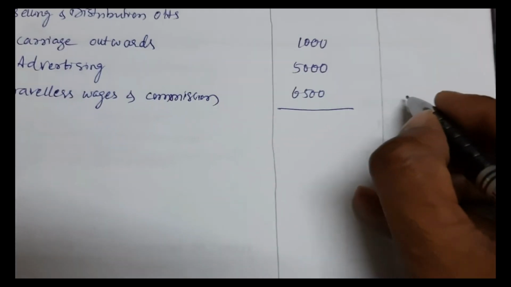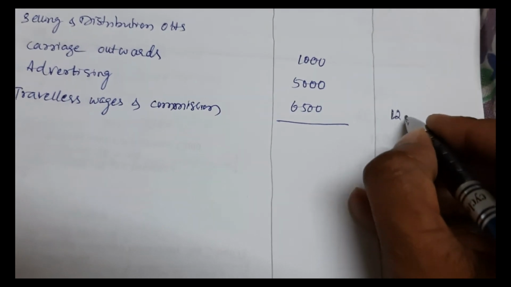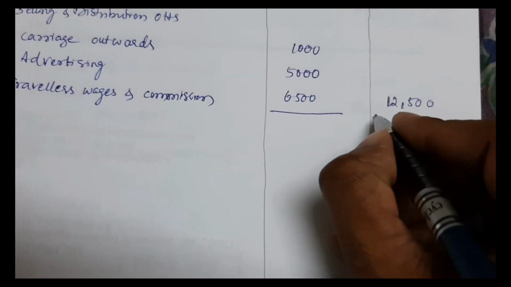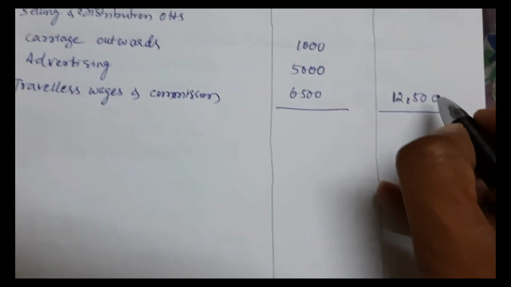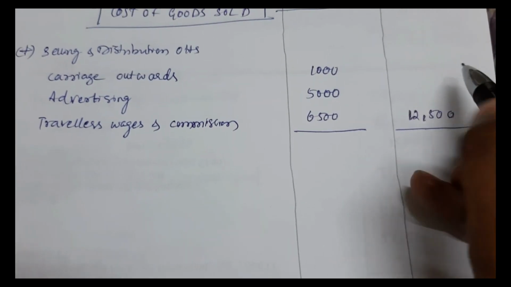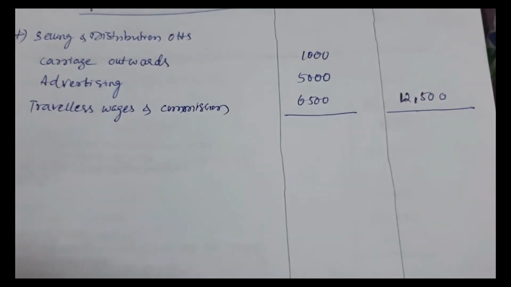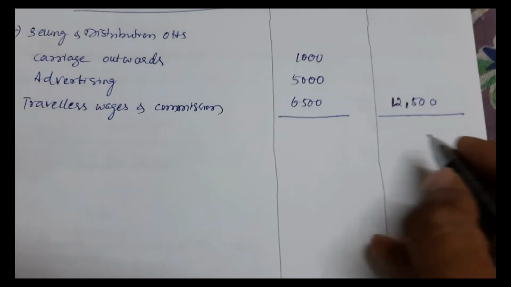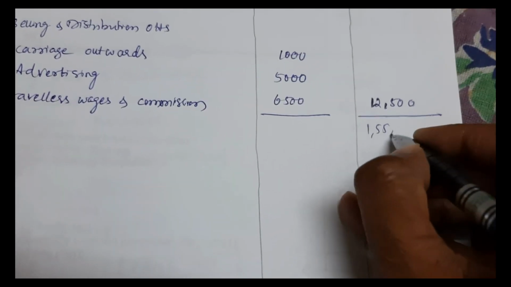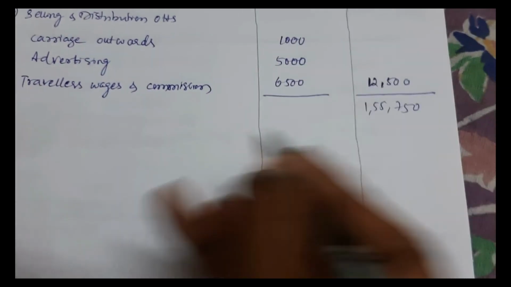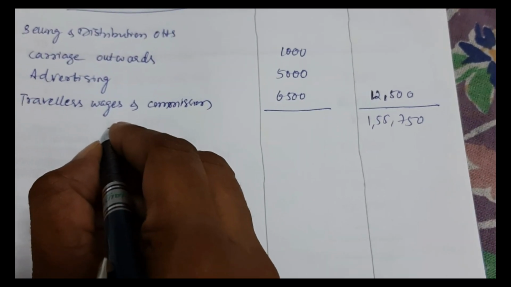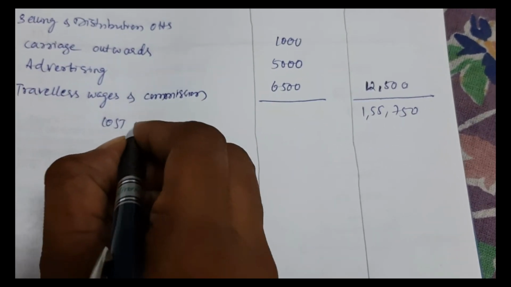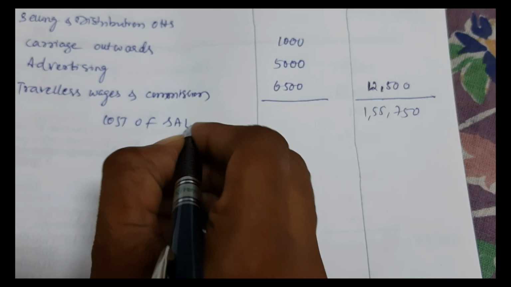Total of all these is 12,500. Add all selling and distribution overheads to the cost of goods sold, that is 1,55,750, which is considered as cost of sales.